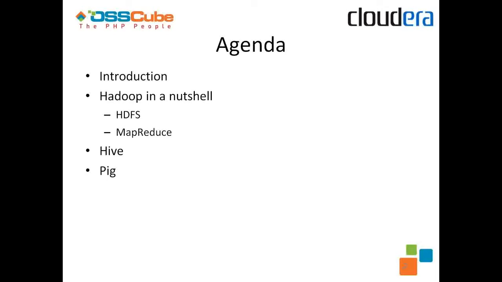So I'll briefly touch on some of the aspects of Hadoop in general, and then we'll move on to Hive and Pig. And after I cover each topic, I will be giving a live demo of each of the products, so you have a bit of a feeling of what it's like to use the product.